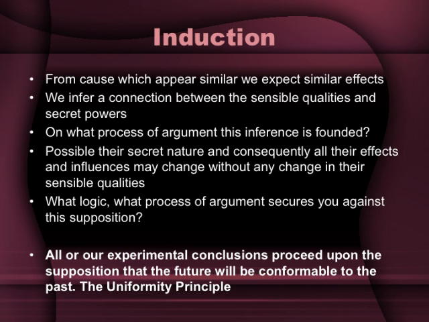So Hume states, it's possible that their secret nature, and consequently all their effects and influences, may change without any change in their sensible qualities. How can you believe this uniformity principle wholeheartedly? We have no access to the secret nature. And consequently, the effects that influence can change. Nature can change without the sensible qualities changing.